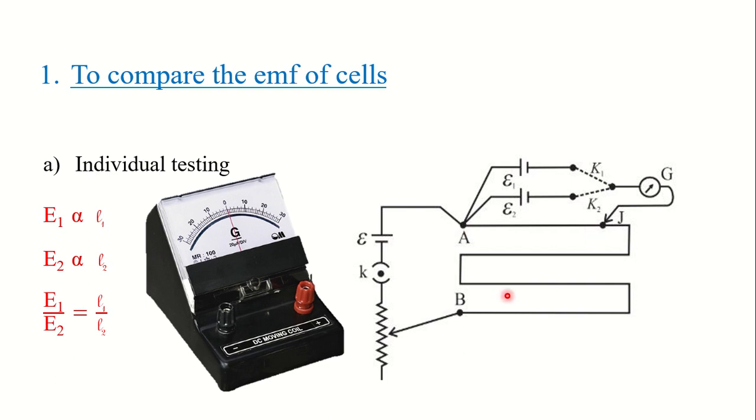Then you will tap the jockey at the point B, and the deflection in the galvanometer should go to the opposite side.